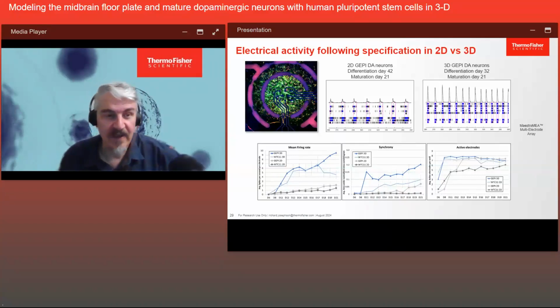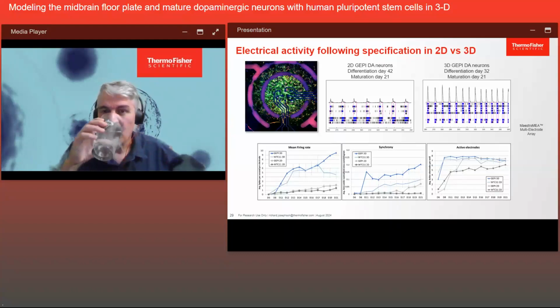But if you look at the graphs at the bottom, neurons that were specified in 3D are marked with blue lines. Those specified in 2D are marked with gray lines.